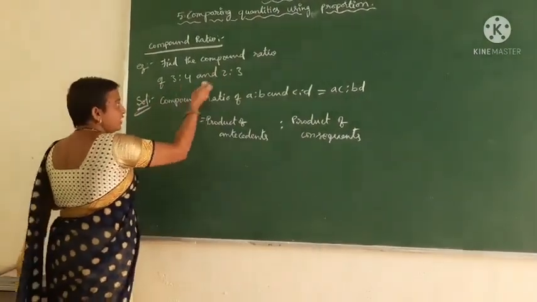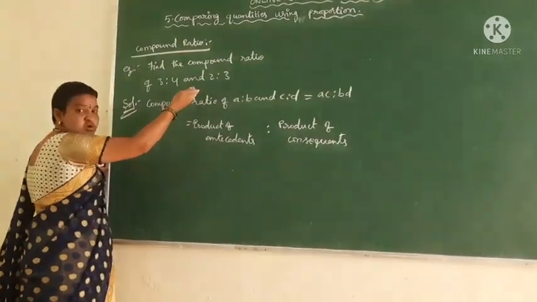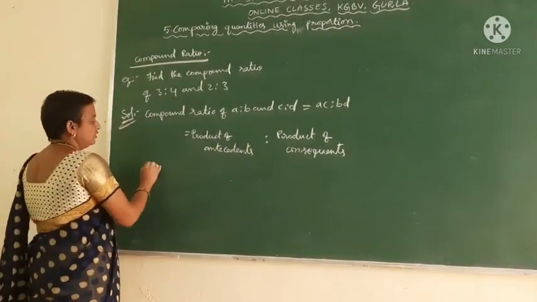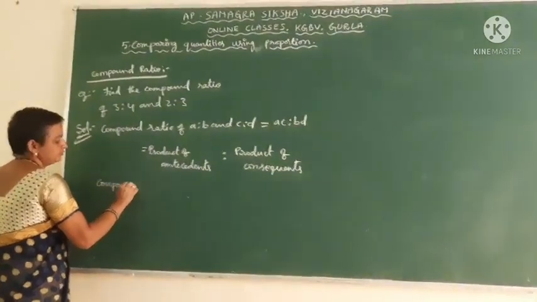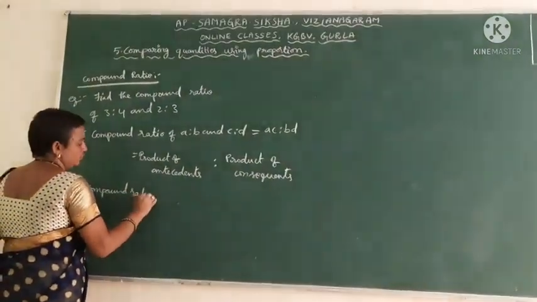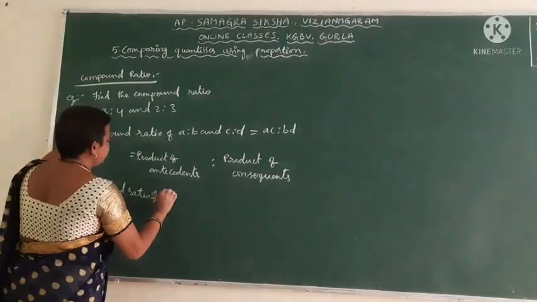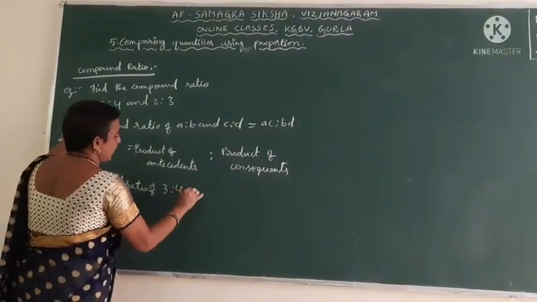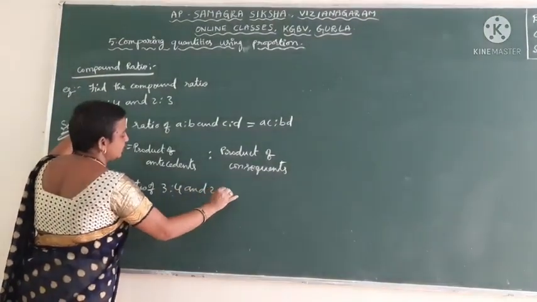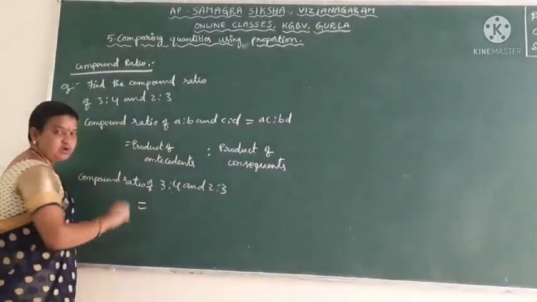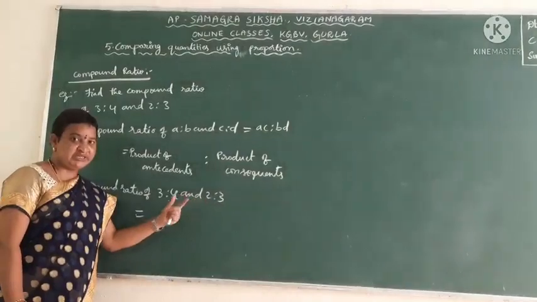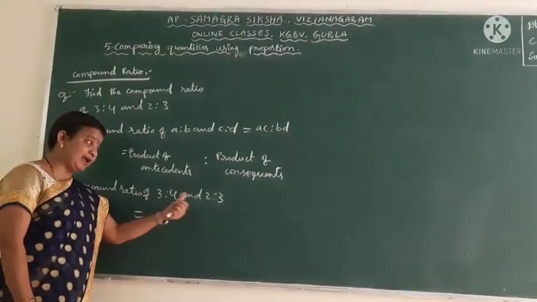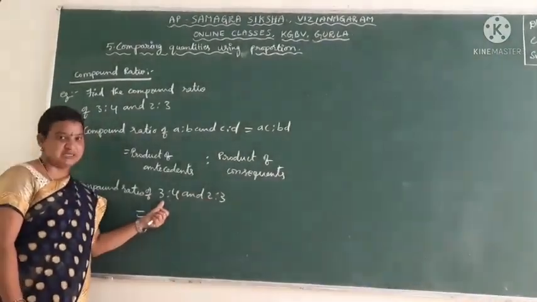Okay, now we have to find the compound ratio of these two simple ratios. So the compound ratio of 3:4 and 2:3 is equal to, here the antecedents are 3 and 2 because these are the first terms.